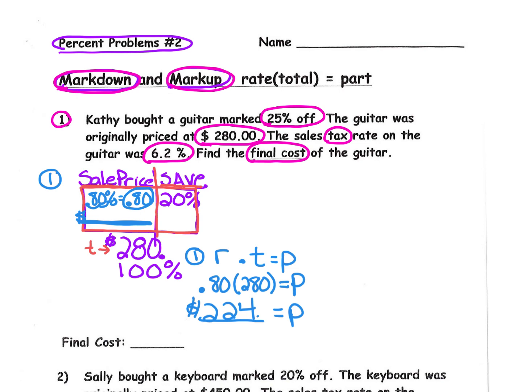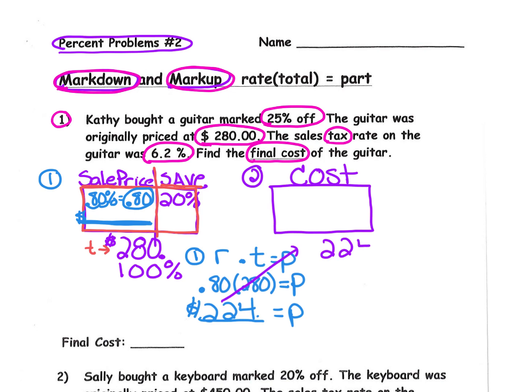Now we bring our guitar up to the counter and it's time to pay. So let's start our second tape diagram for calculating the cost plus the tax, which means we want to get to the final cost. So we bring the sale price up here, $224. That's the cost of the guitar now that it's on sale. That's 100% of what we must pay.